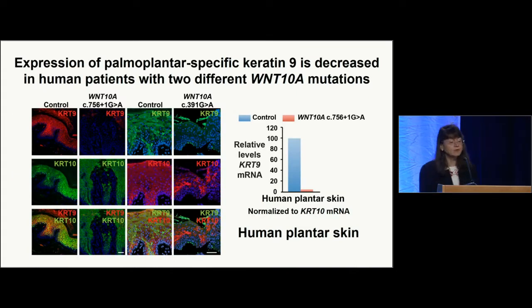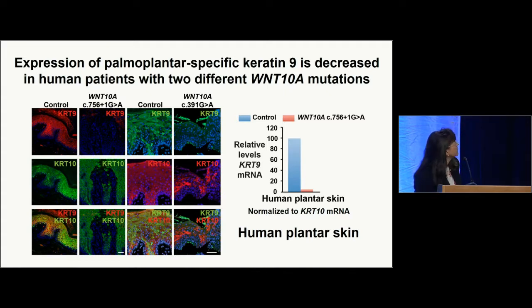And indeed, we found when we examined keratin 9 expression in human patients with two different Wnt10A mutations, that keratin 9 protein was dramatically reduced in the patient plantar skin, shown here, compared with the control. Whereas another broadly expressed keratin, keratin 10, was not affected.